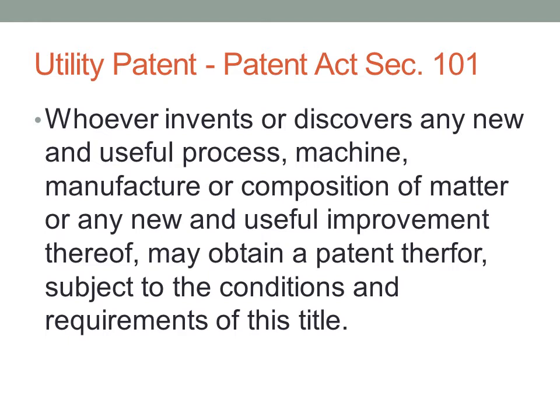Whoever invents or discovers any new and useful machine, manufacture, or composition of matter, or any new and useful improvement thereof, may obtain a patent, therefore, subject to the conditions and requirements of this title. That's the fancy rule for you getting a utility patent.